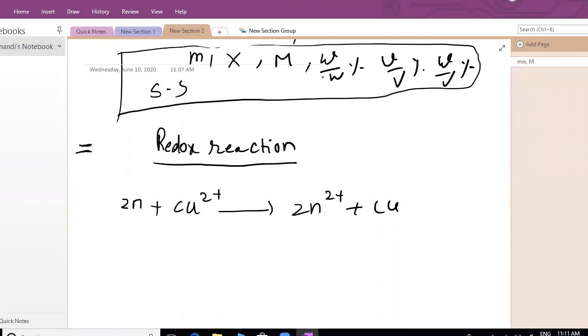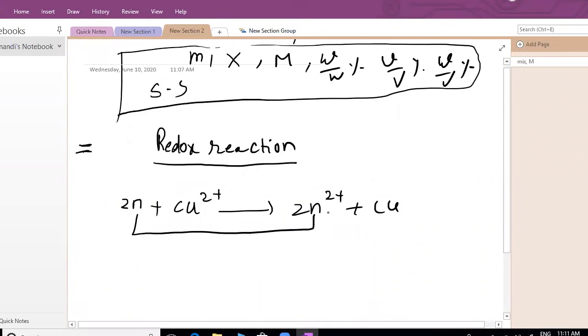So zinc lost electrons, sir. This loss of electrons we call oxidation. Copper gained electrons, sir. We call that reduction. Any doubt here?